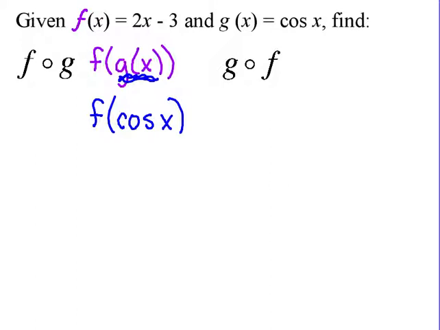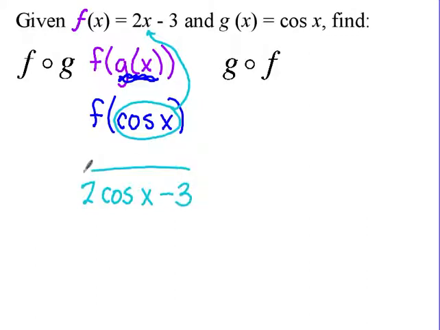And then now it's just a problem like what we looked at on the very first slide. What do I do with the cosine of x? Where do I place that? Where the x is in the f function. So what will it be? There you go. That is what f of g is. Is that ringing a bell from last year?